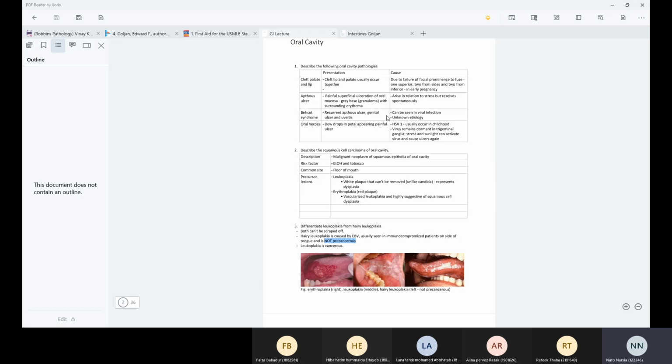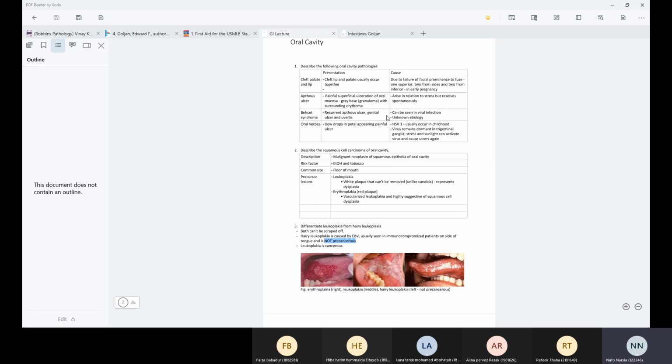For example, you can find inflammatory conditions. You can find human papillomavirus infection, which is really high yield, and some congenital anomalies as well, and finally carcinoma. The congenital anomalies are cleft palate and lip, which is actually important and very, very common.